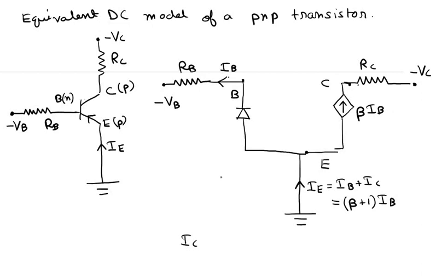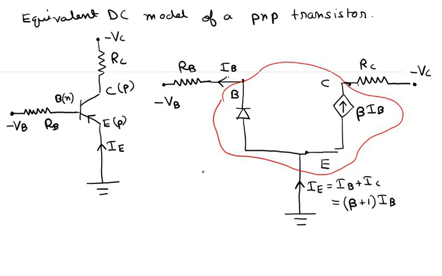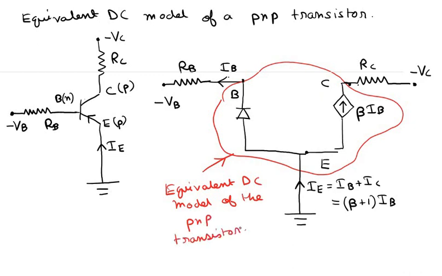Okay, so again, just as before, this much is basically the equivalent DC model of the PNP transistor itself, and all the other things such as the resistances RB, RC and the voltage sources minus VB and minus VC are basically external to this transistor.